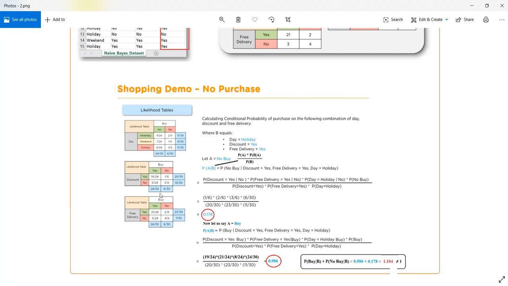Probability of delivery is equal to yes and there is a buy is 21 by 24, and likewise I have filled in the data, and you see it is 0.9. It's quite a high probability. So this makes sense, the prediction looks good. So the probability of buy is greater than this. For this descriptive feature, how will we classify the target feature? Yes, there is a purchase.